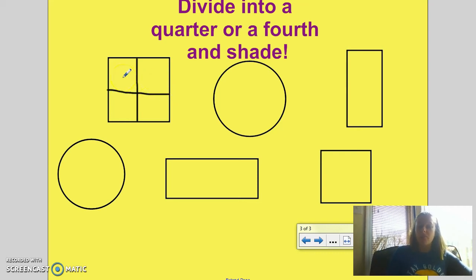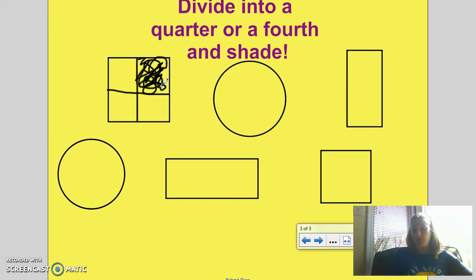So now I have 4 equal pieces. 1, 2, 3, 4. And I'm going to shade just 1/4. So if I just shade 1/4, that's just one piece. So for each shape, you are going to be dividing it into quarters or fourths and shading 1/4.